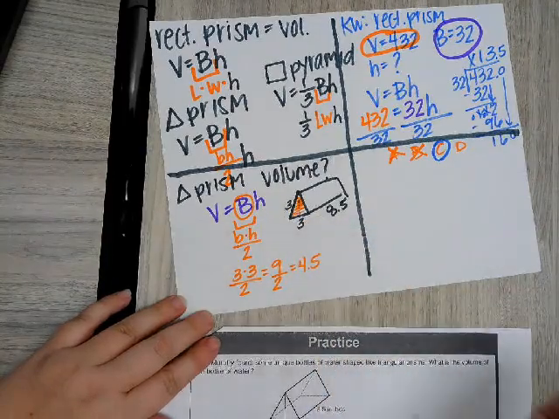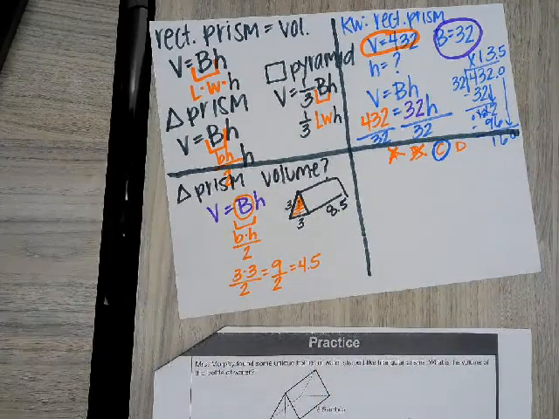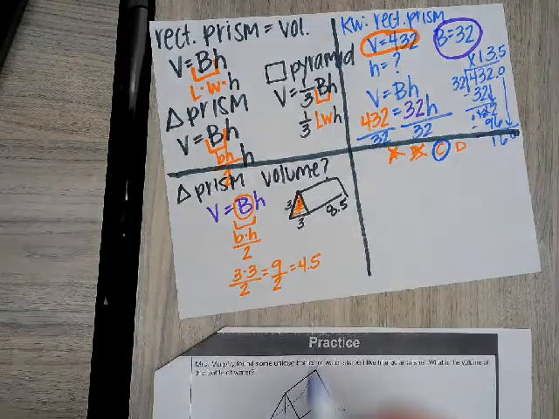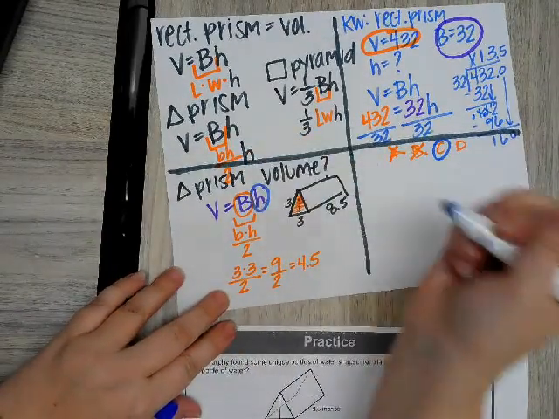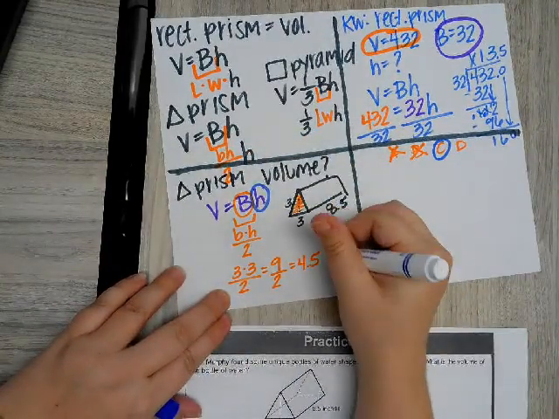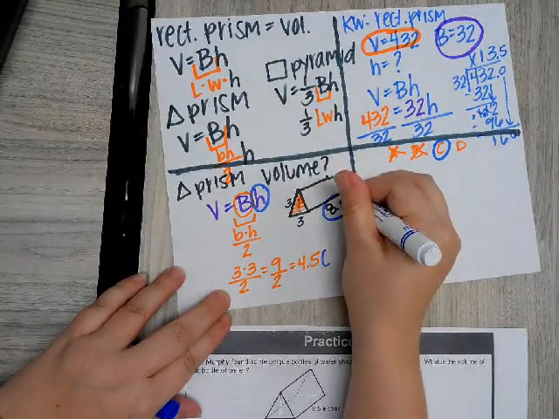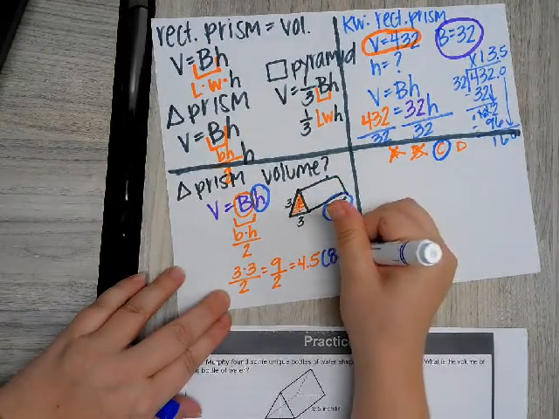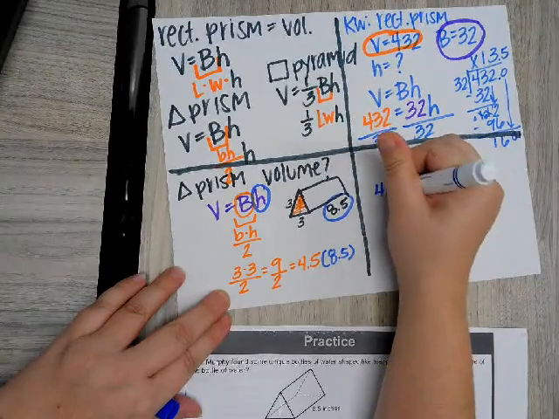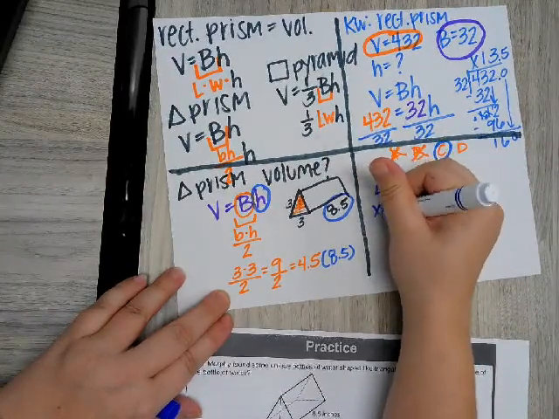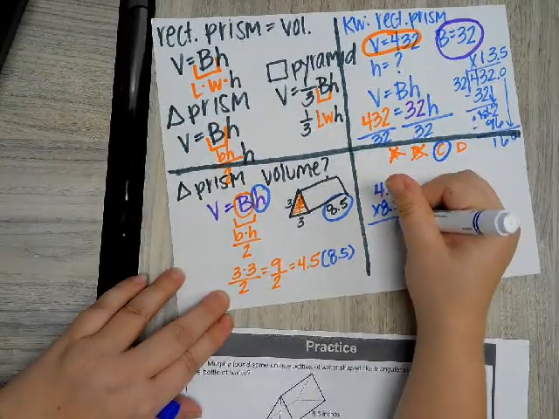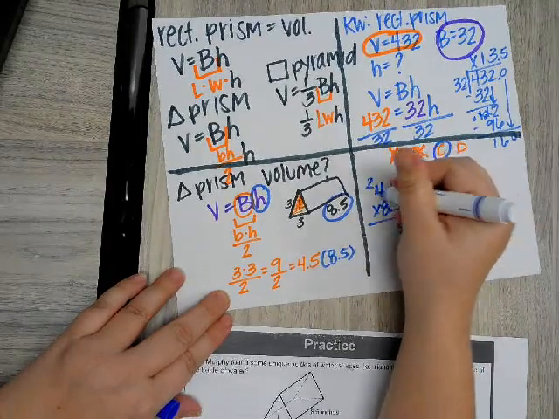Okay? So now I'm going to multiply my height. My height is 8.5. So 4.5 times 8.5. 5 times 5 is 25, carry my 2. 5 times 4 is 20, plus 2 is 22.